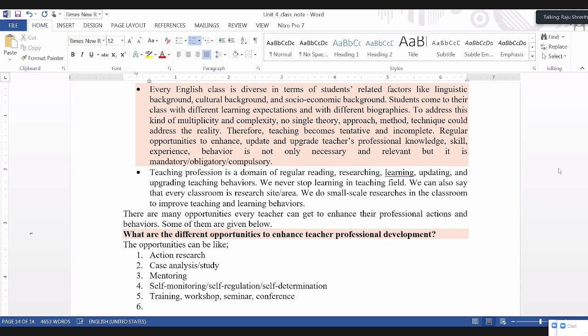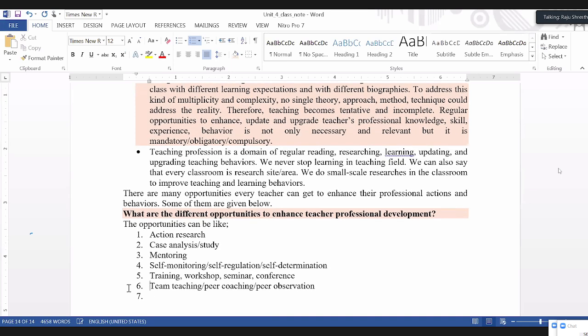In the same way we can do team teaching or peer coaching, team teaching. Okay, we can do peer coaching. Okay, and peer observation we can do. So there are many ways, a teacher network, collaboration, communication we can do.